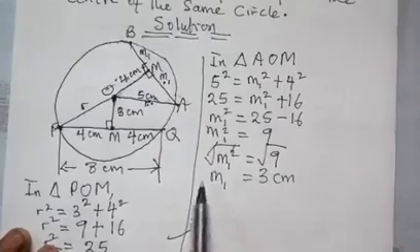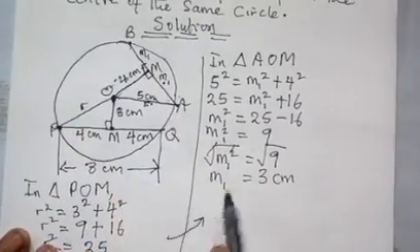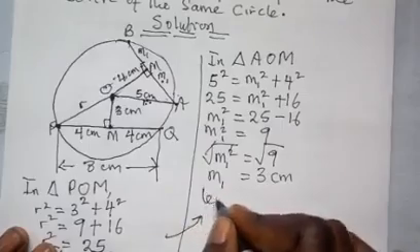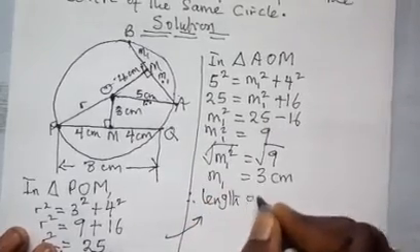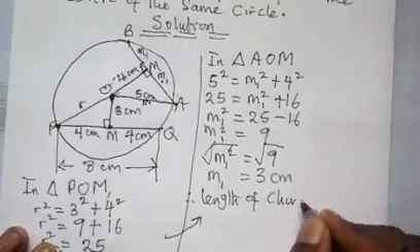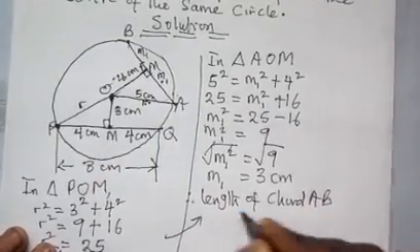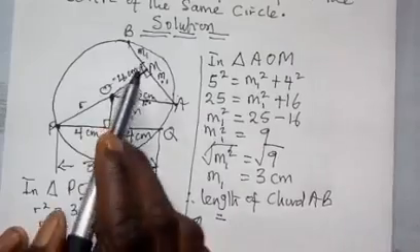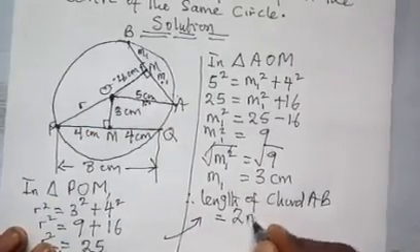But our aim is not to look for M1, but to look for the length of the chord. So the length of chord AB will be equal to, don't forget that M1 plus M1 will give us 2M1.